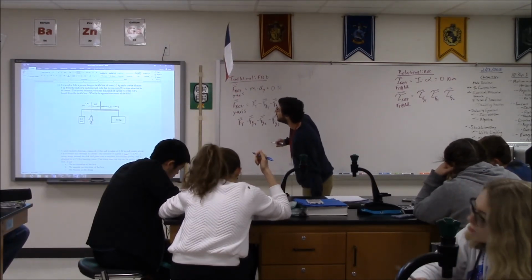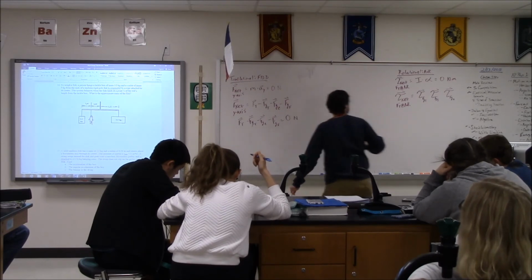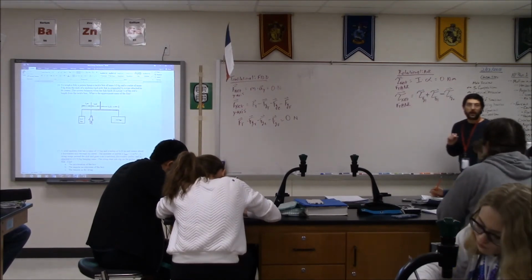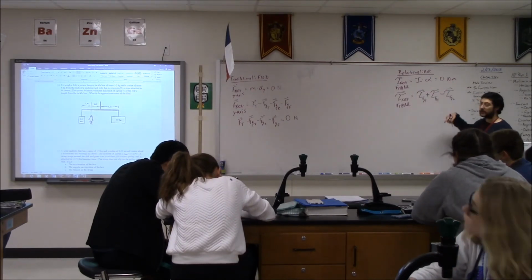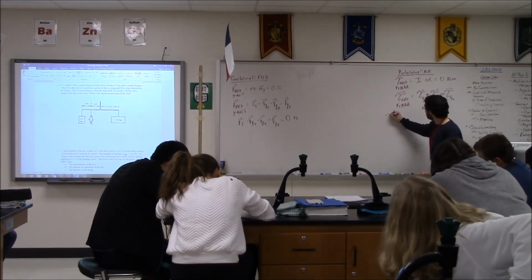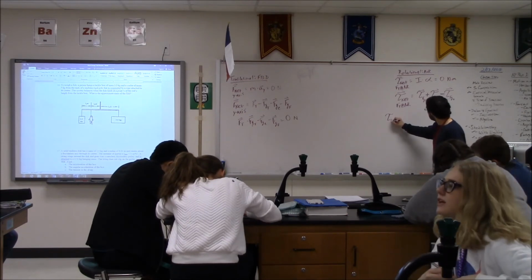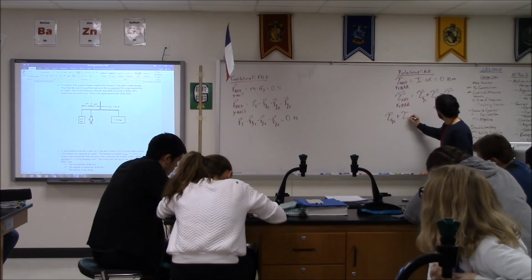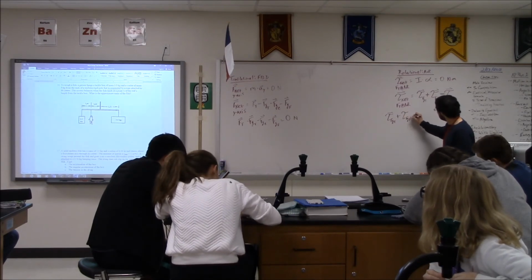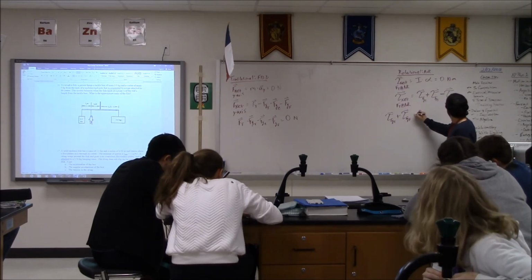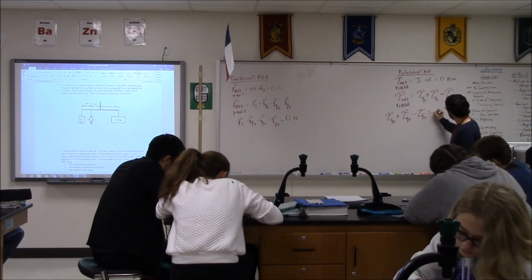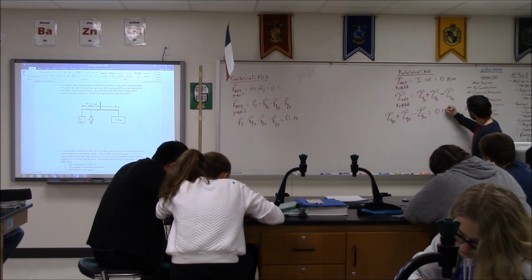Which one's the 5 kilogram one? That's the cooler. Okay, so minus and plus. Now what? Set them equal. So the torque because of the tackle box plus the torque because of the fish minus the torque because of the cooler equals 0 Newton meters.